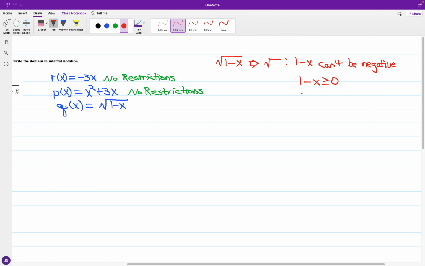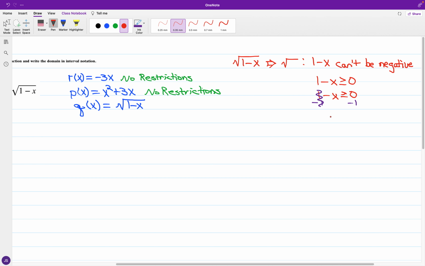So if I isolate the x term, we'll have that negative x is greater than or equal to negative 1.